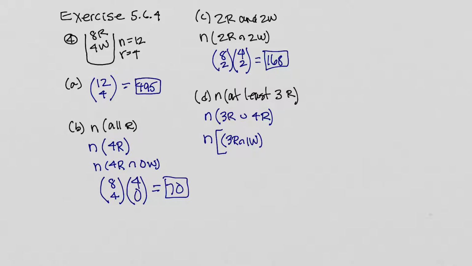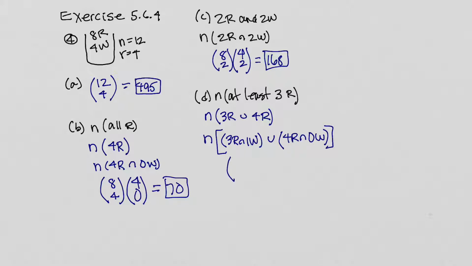So to get 3 reds, 1 ball has to be white. And then here is an OR. Now to get these 4 reds, in terms of everything up in here, this is going to be 4 reds and 0 whites. Kind of like a problem we just did not too long ago.